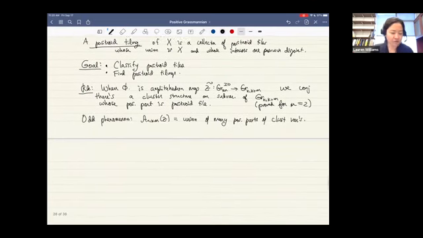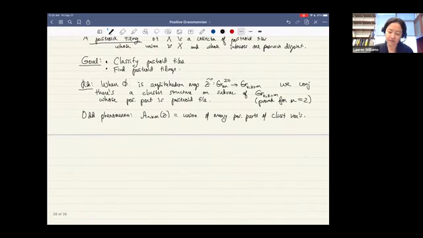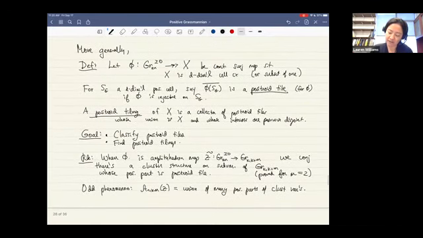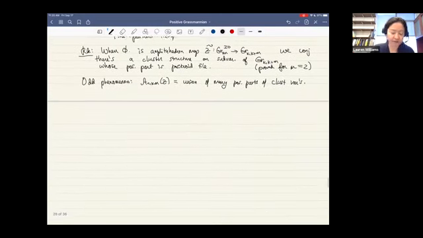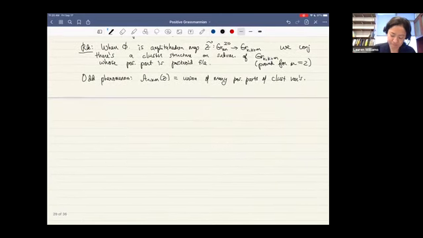Okay, so now I hope I've motivated this notion of positroid tiling. Now I just want to show some very hands-on concrete examples. So let's take k is 1, n is 4, m is 2.